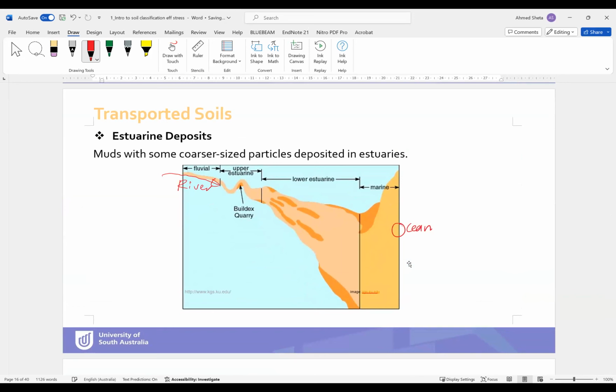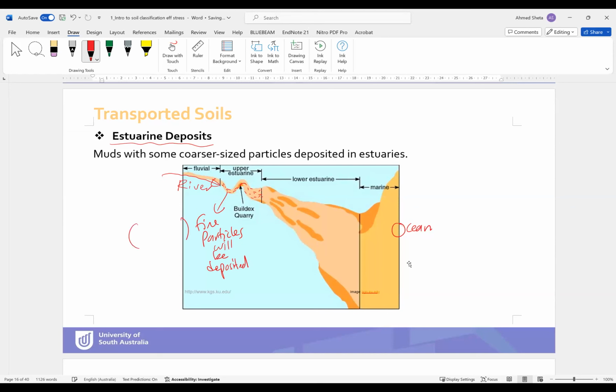So in this area, when the water flows, smaller or fine particles will be deposited here, causing the estuarine deposit.